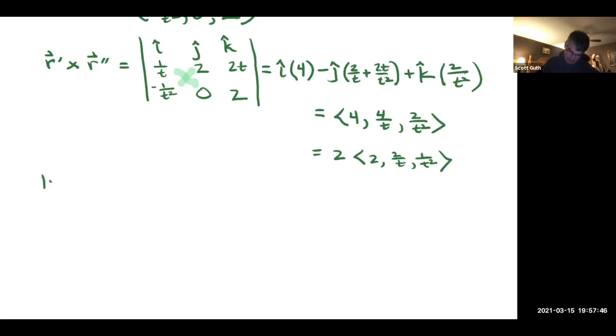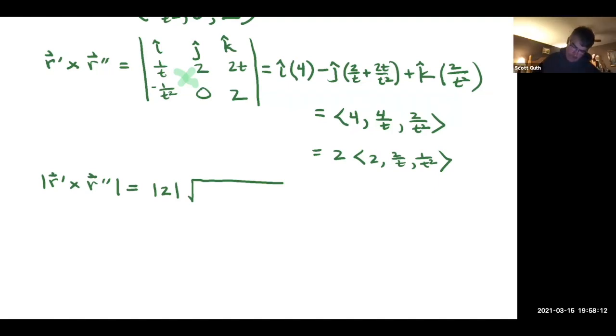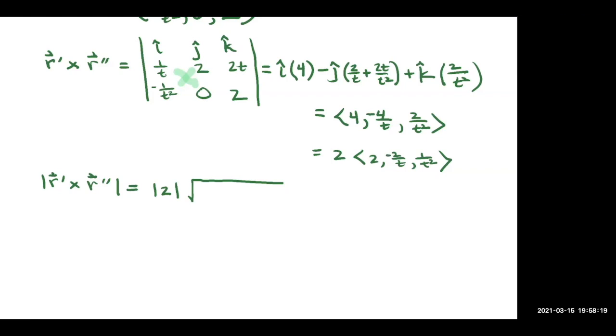So the magnitude of R prime cross R double prime is going to be the absolute value of 2 times the square root. Did I make a mistake? Yes, the second element is a negative 4 over t. Thank you so much. Yes, negative. Is that the only mistake? Yes. Thank you so much.